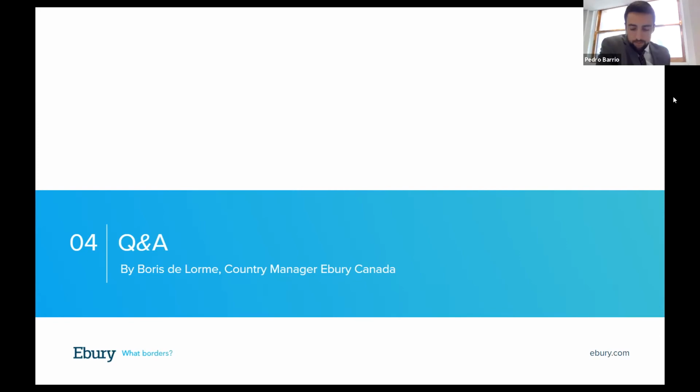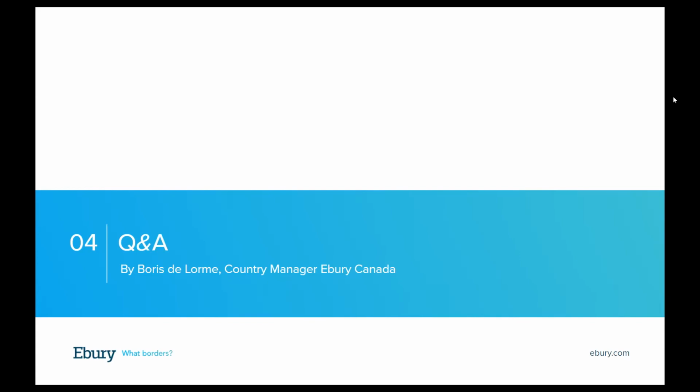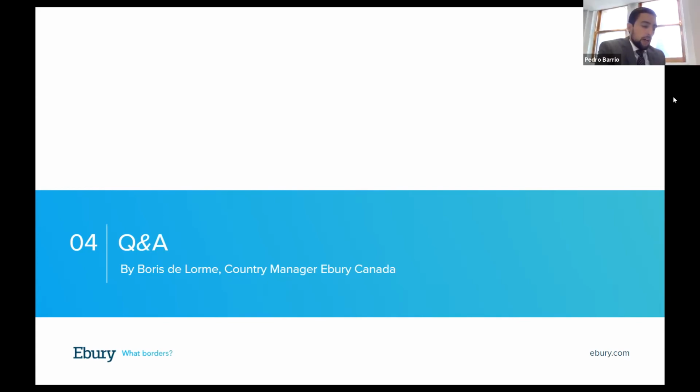What is the benefit of using Ebury's collection capabilities compared to a traditional bank? Great question. The major benefit is, as I said before, being able to utilize the different capabilities that we have, not only on the collection side, but also on the tracking side and the treasury side through EBO, keeping everything under one roof.